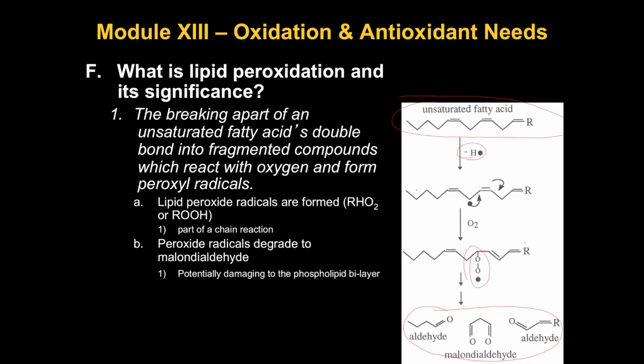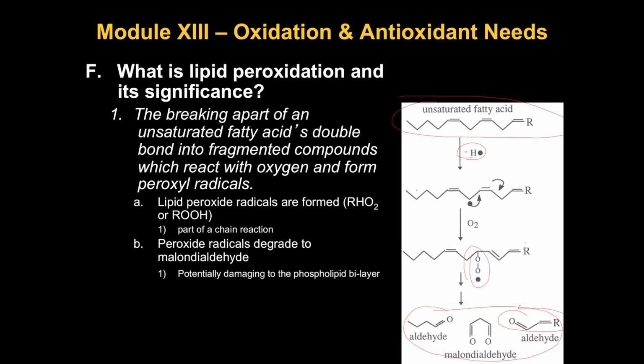So aldehyde, malondialdehyde, and aldehyde in this form here can all generate problems as far as free radicals interacting with structures around it. So it's a damaged substance now that presents the possibility of further damage from having these lipid peroxides around.